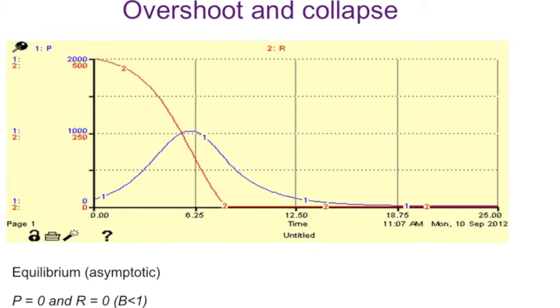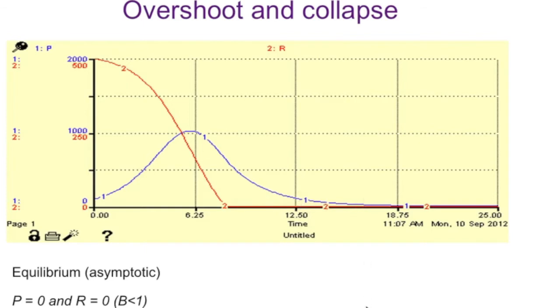This is the typical behavior of the overshoot and collapse, where R, the resources, start getting depleted, while the population will have a point where it reaches its maximum value, and then it starts decreasing, right?